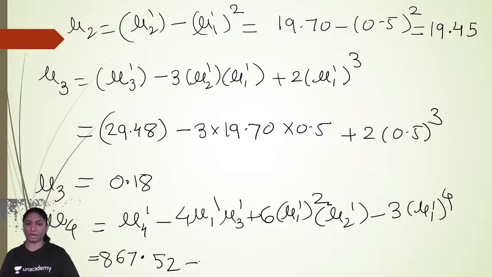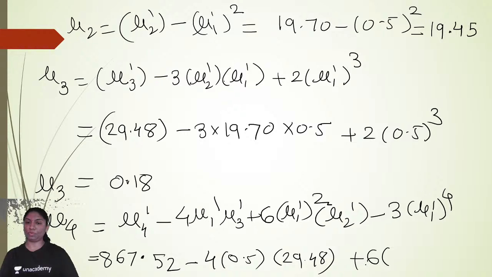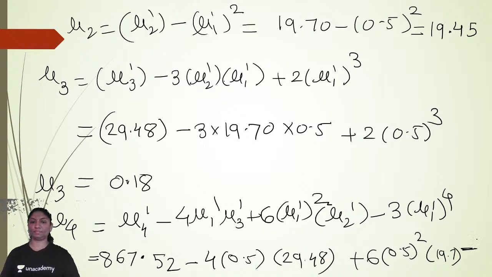Mu4 dash is 867.52 minus 4 into mu1 dash, which is 0.5, mu3 dash is 29.48, plus 6 into mu1 dash square, mu1 dash is 0.5 square, mu2 dash is 19.7, minus 3 into mu1 dash, 0.5, raised to 4.